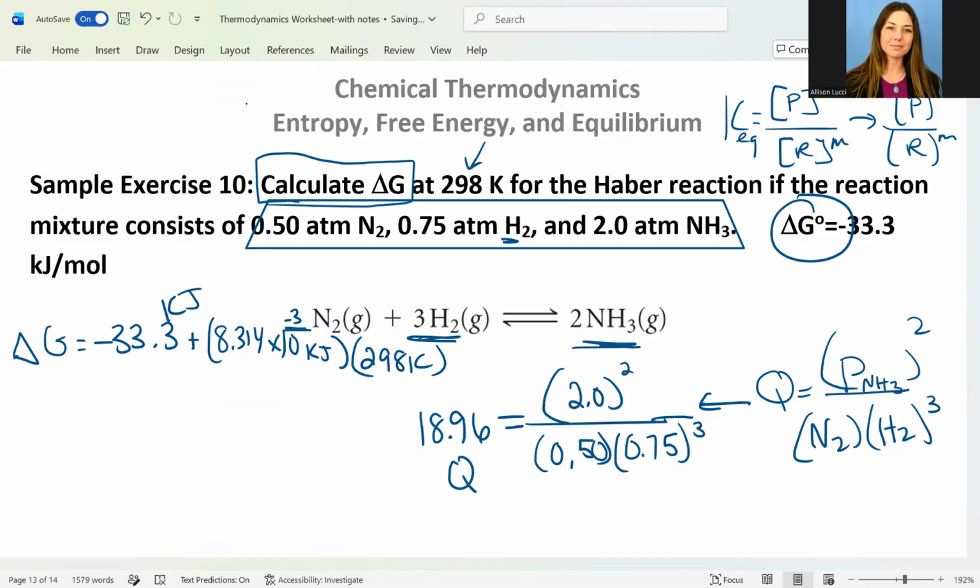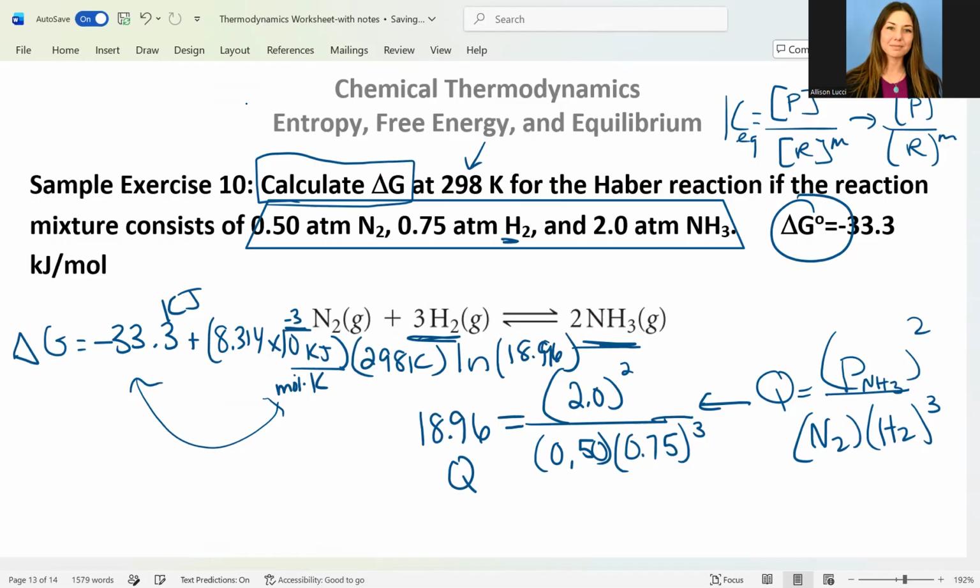And then we have to add to our equation the ln Q as well. And I forgot to divide by Kelvin. Kilojoules per mole Kelvin are our full units here. And then if we plug in that 18.96 over here, we'll take the natural log of that, multiply by 298, multiply by 8.314 times 10 to the negative third, and then we'll combine like terms.